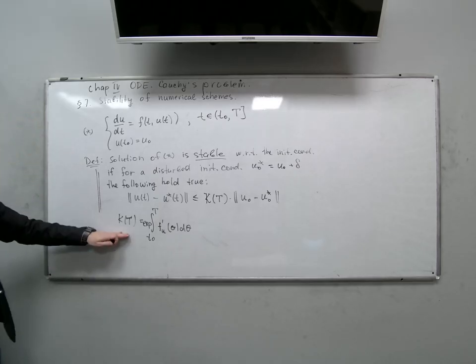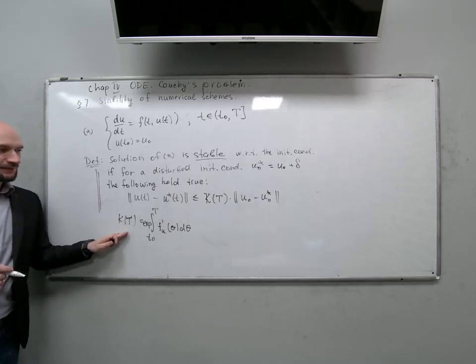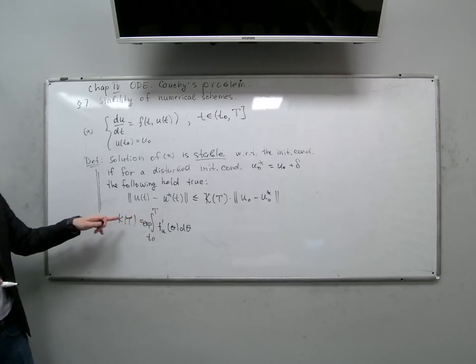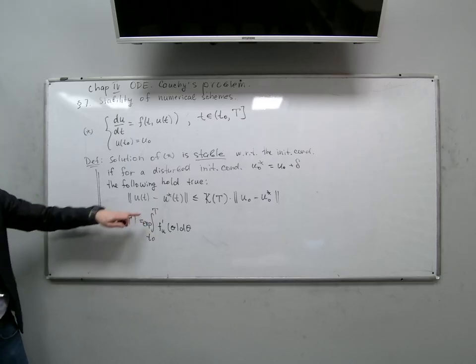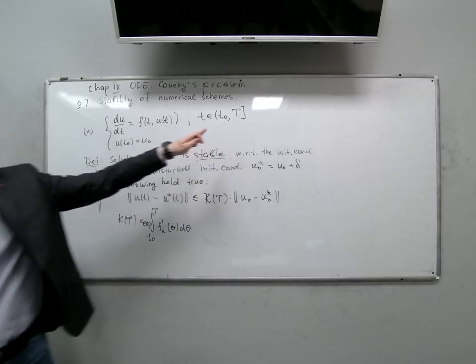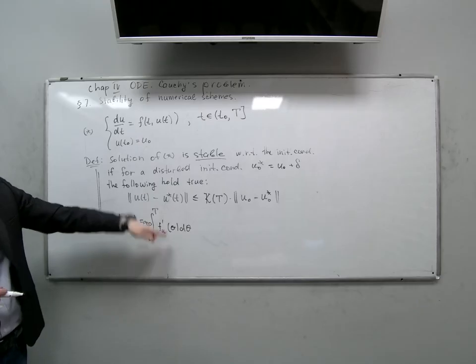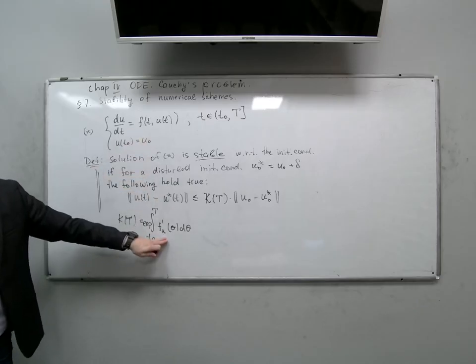This is how this constant K of t is defined. So you see that it's a quantity that depends on the length of the interval. It may depend on the length of the interval, depending on how the right-hand side of our problem looks.